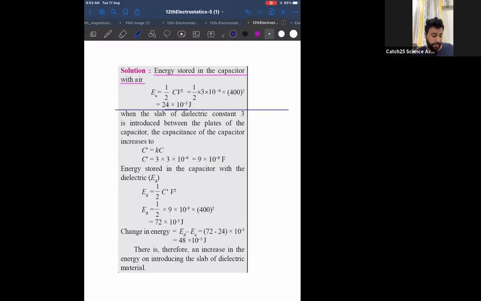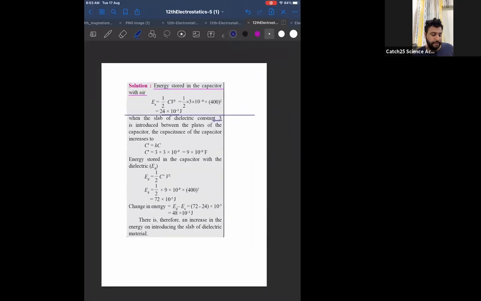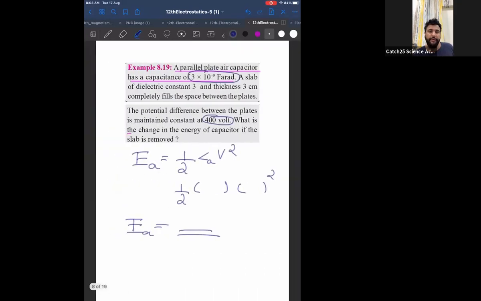Now, see the second part. Listen to me carefully. A dielectric of constant 3 is completely introduced between the plates, correct? You know that if a dielectric is completely introduced between the plates, please look at the screen, the new capacitance is K times the old capacitance because it is completely introduced. How do I know this?